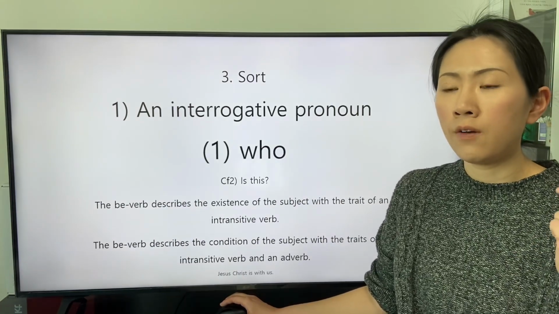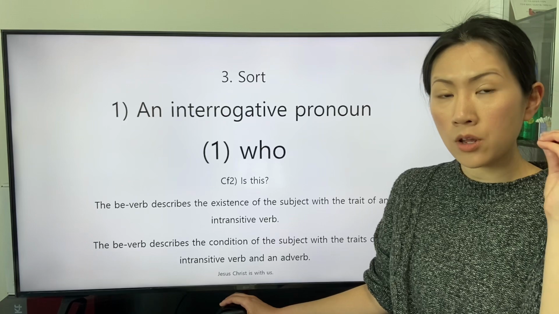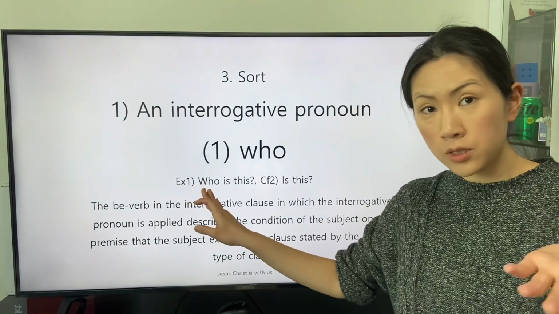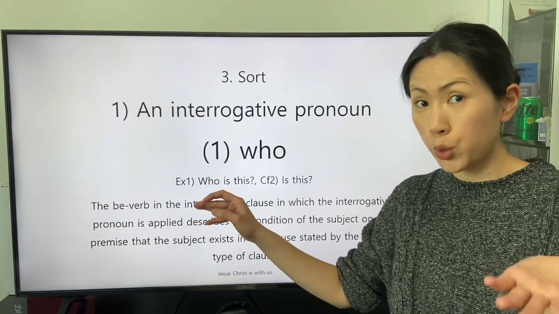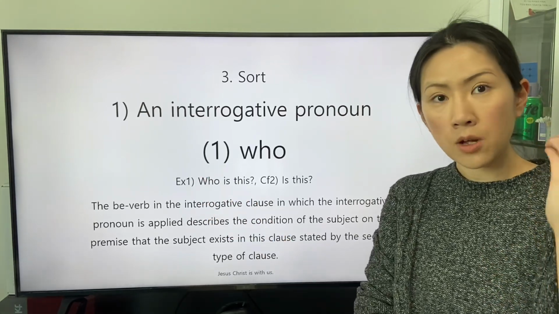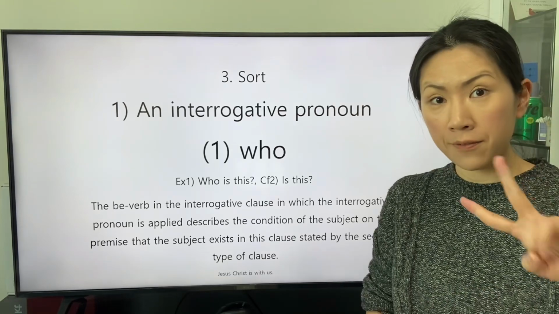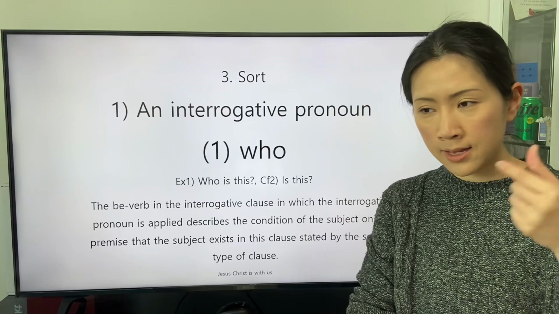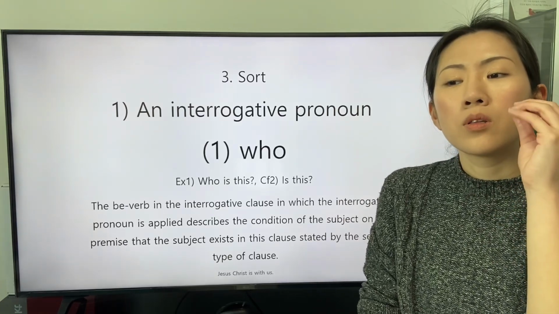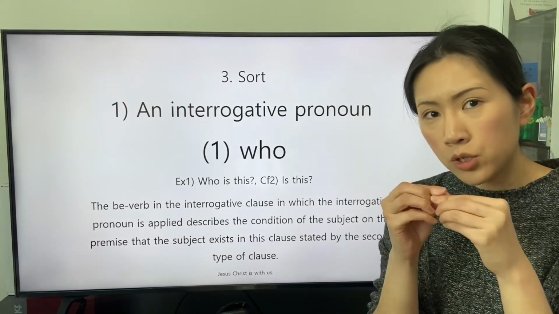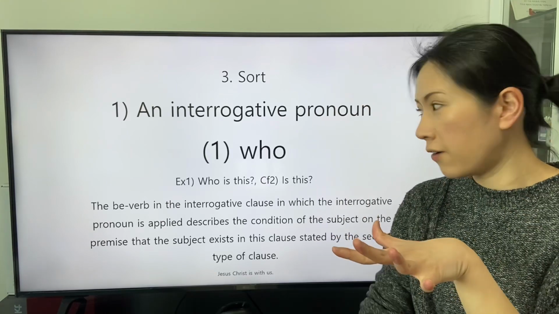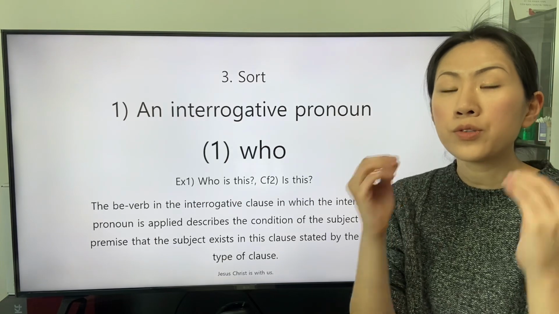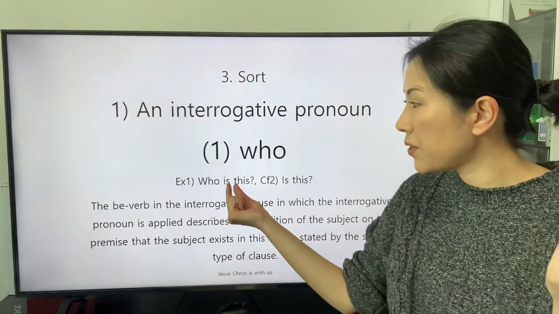Because of the trait as an adverb of the be verb, the first clause with the interrogative pronoun who is complete in the second type of clause, and the definition of the be verb describes the condition of the subject from the trait as an adverb of the be verb.